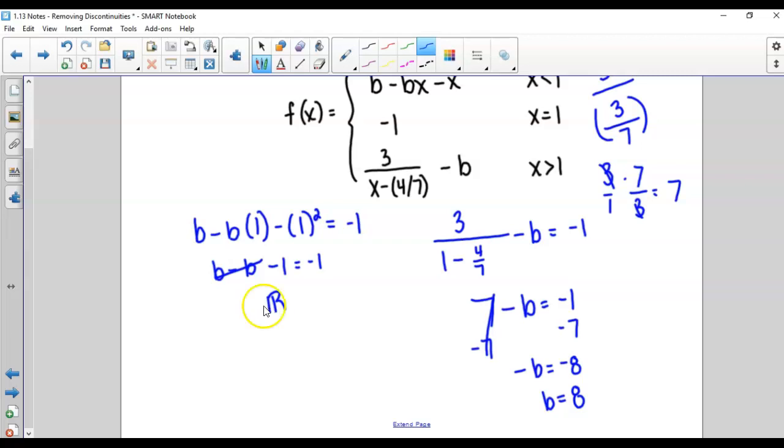If you got b equals 8 here and b equals 4 here, that would tell you there's no number that will work. But what we learned here is that b could be any number here, and you would still get -1. So since it can be any number, the number we want to choose is 8. So if we pick 8, our b can be 8 here.